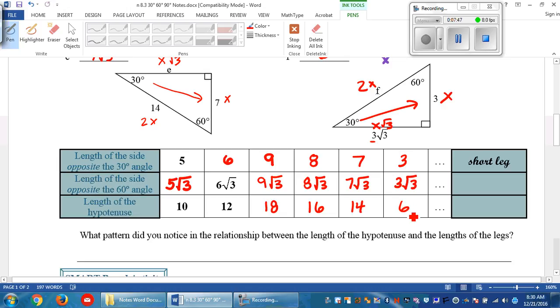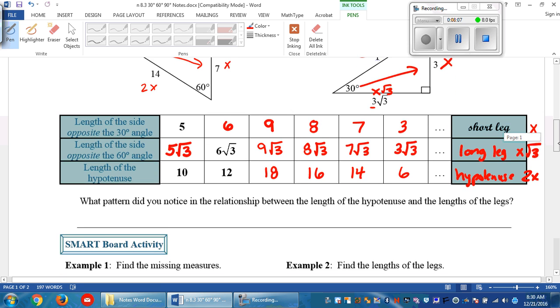So notice, the short leg is just the x value. The long leg is x root 3, and the hypotenuse is the 2x. So you kind of have to memorize that pattern.